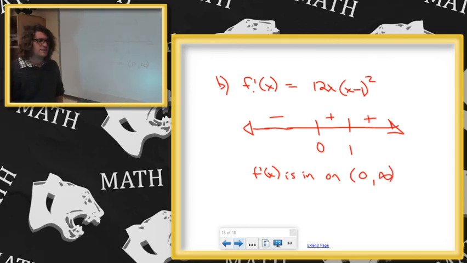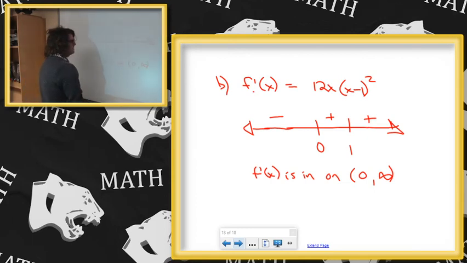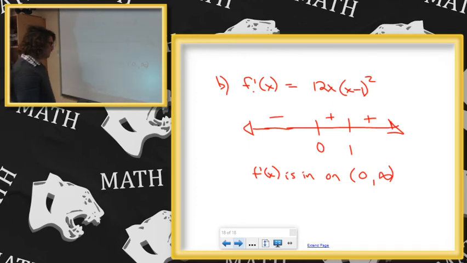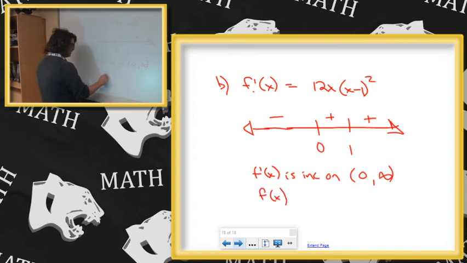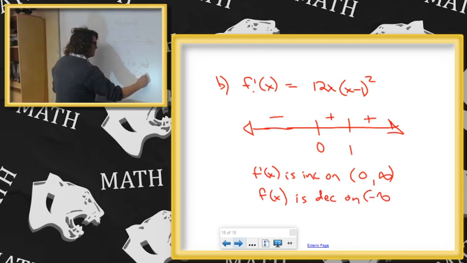If you think because it levels out there and then grows afterwards that it's 0 to 1 in union with 1 to infinity, I think that's probably okay. But if you can continually grow while going through 0, so I think it's increasing. All right, so f of x is decreasing on negative infinity to 0.